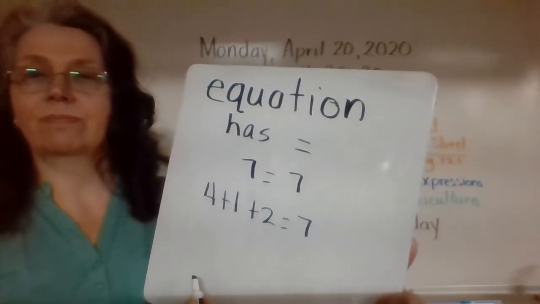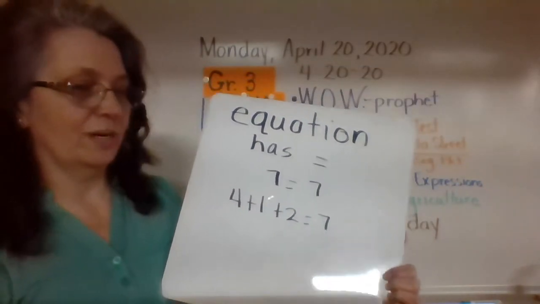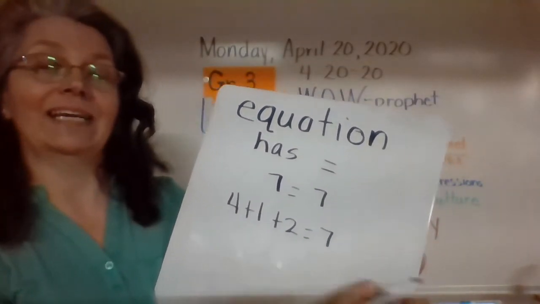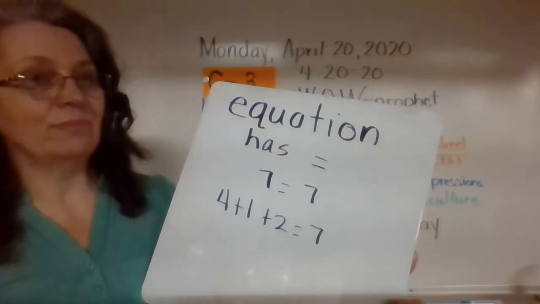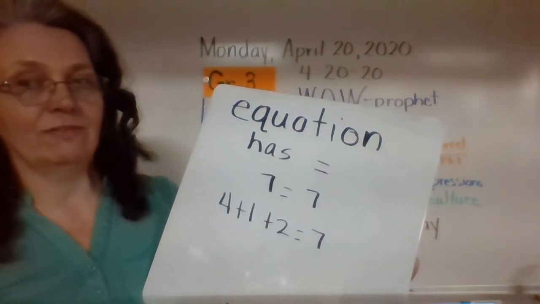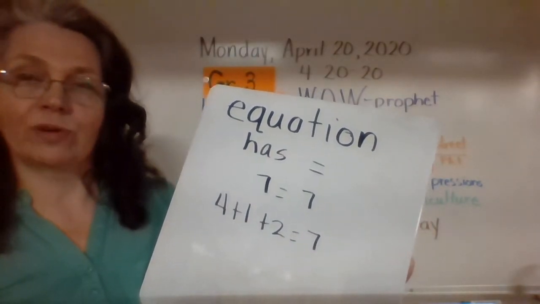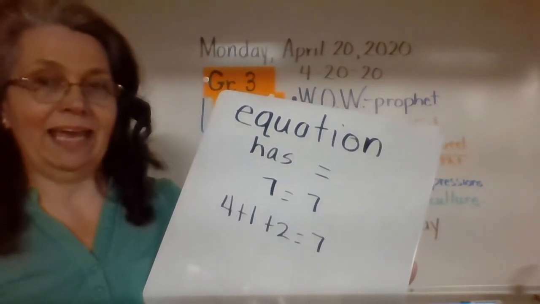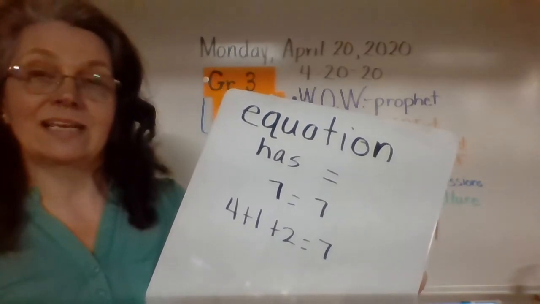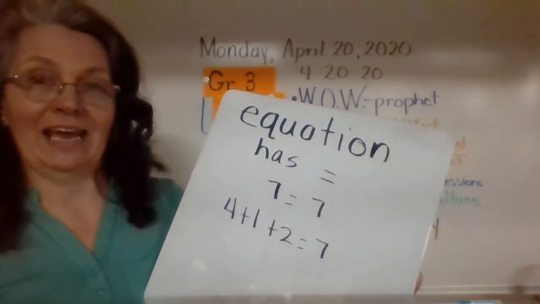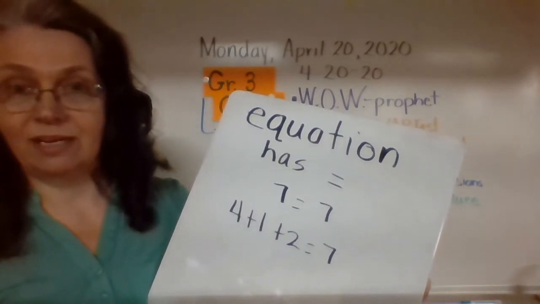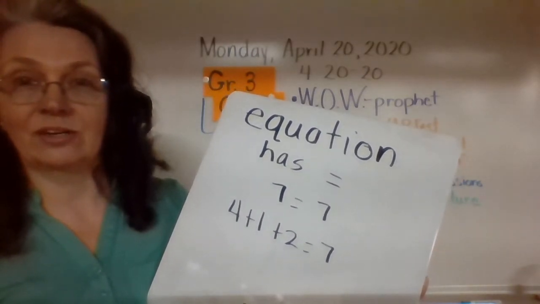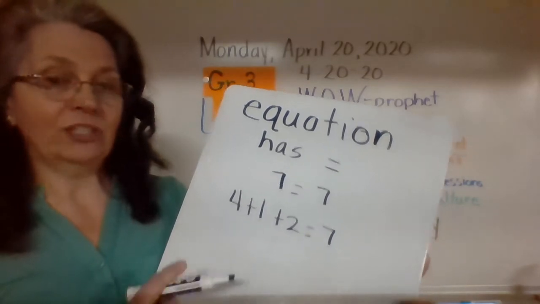Okay? All right. Well, today we're going to talk about what is an expression. Now, an expression sometimes looks like an equation at first, but there is one important thing an expression does not have, and that is an equal sign. It will not have a comparison symbol of other types either, like less than or greater than.